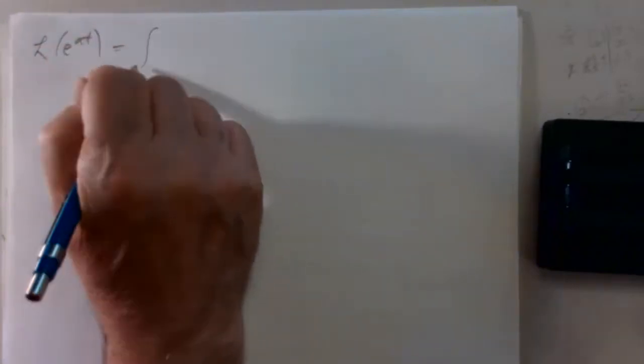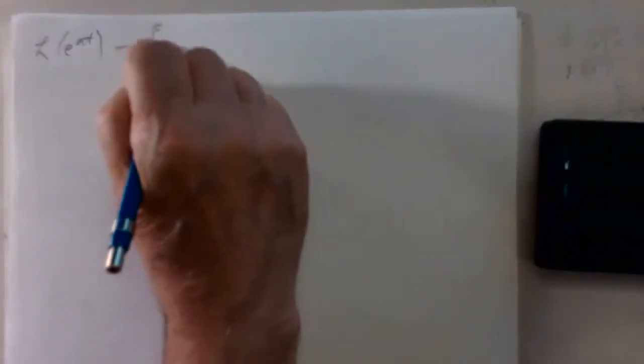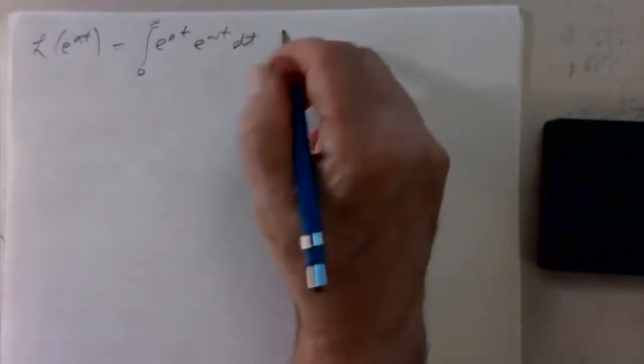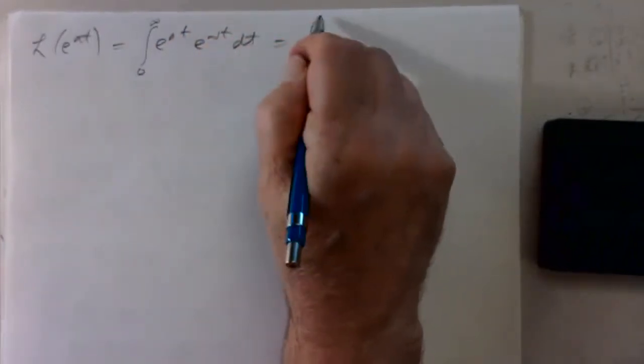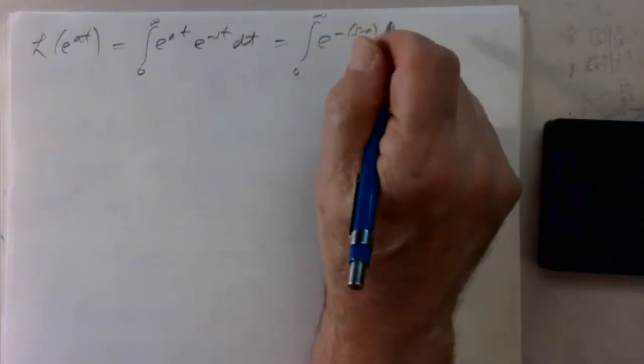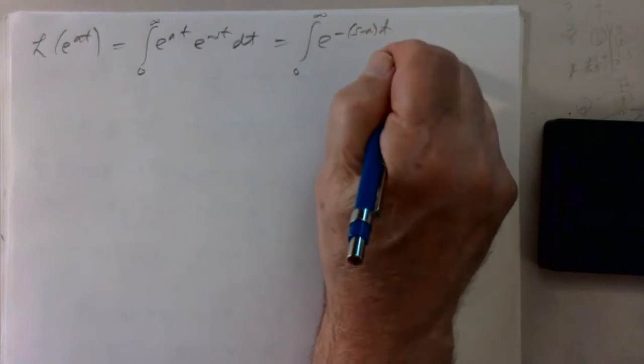What about the exponential function? What's the Laplace transform of e to the at? That's the integral from 0 to infinity of e to the at times e to the minus st dt. That's the integral from 0 to infinity of e to the minus (s minus a)t dt.